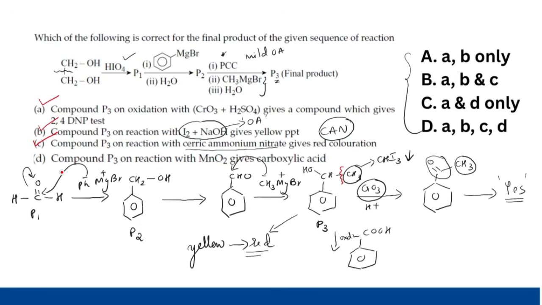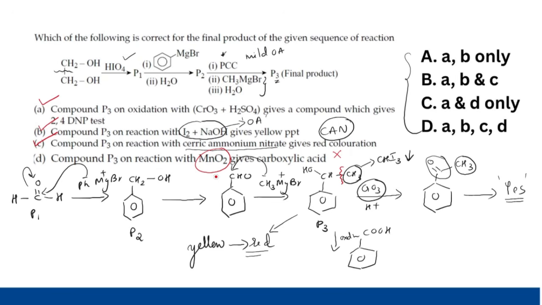Now let's check statement D. Compound P3 on reaction with MnO₂ gives carboxylic acid. This is a wrong statement because MnO₂ is an oxidizing reagent which reacts with alcohols to form aldehydes or ketones, and it is very specific to the type of alcohol.